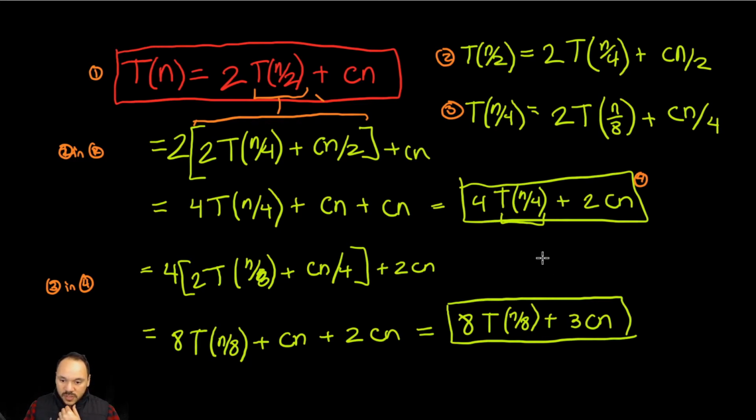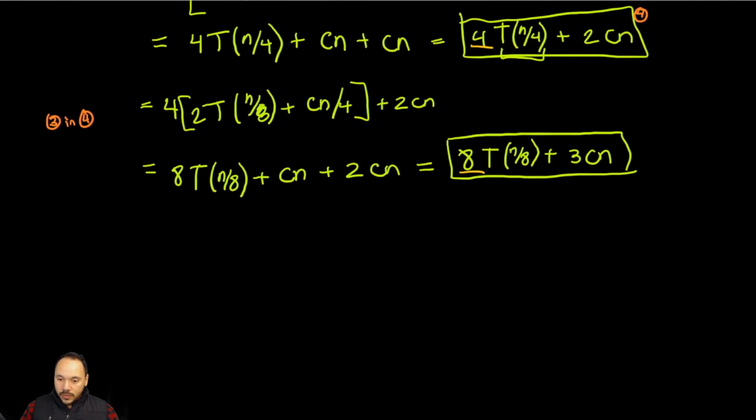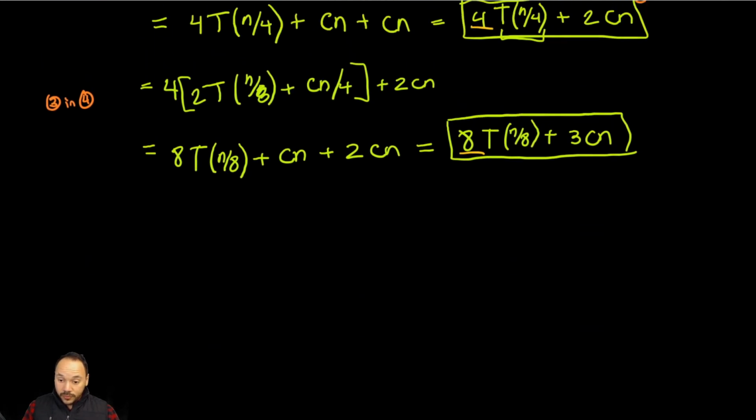We are interested in seeing how it's growing. So it was 2, then it became 4, then became 8. So as you can see, it's growing by a factor of power of 2. So let's call it 2 to the k.